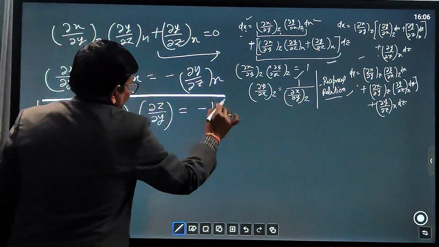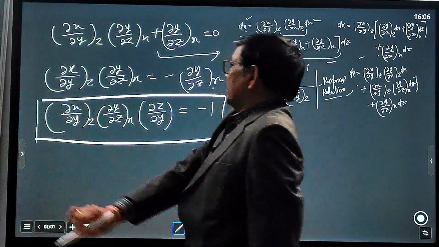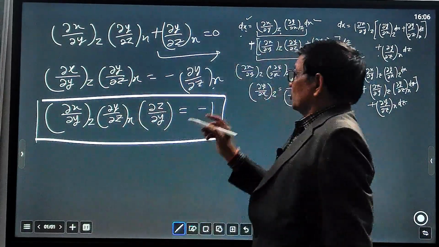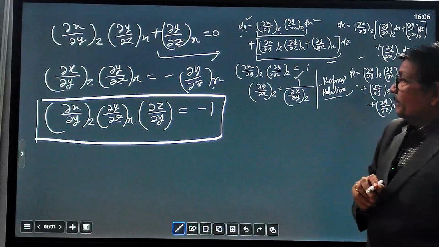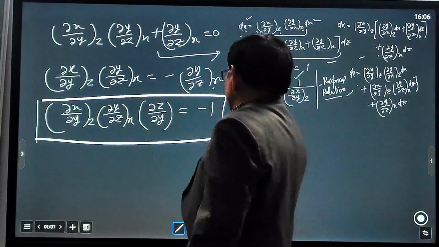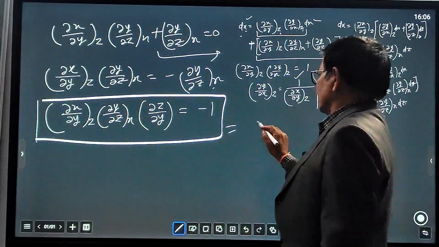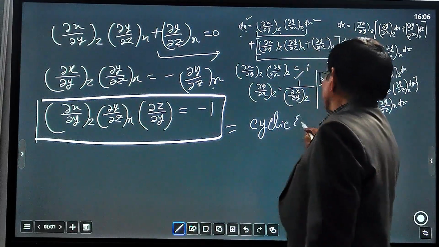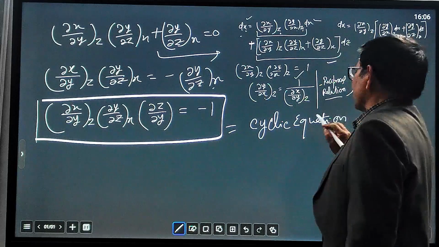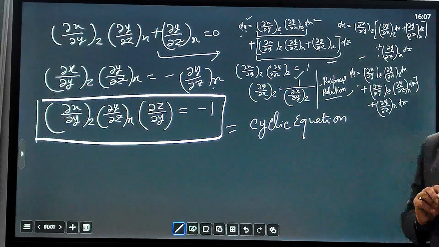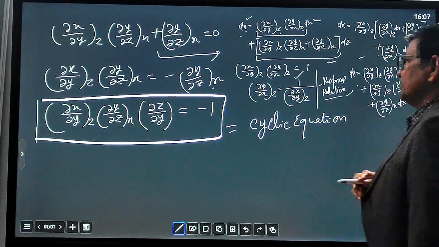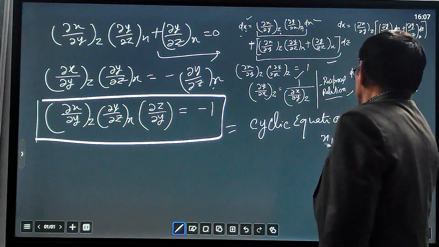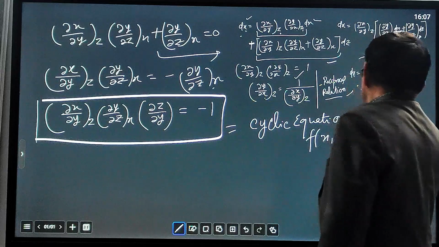Taking this term to the left side, dividing, and using the reciprocal relationship, you get this equation, and this equation is known as the cyclic relationship. It is a cyclic equation for three parameters x, y, z, where the function equals 0.